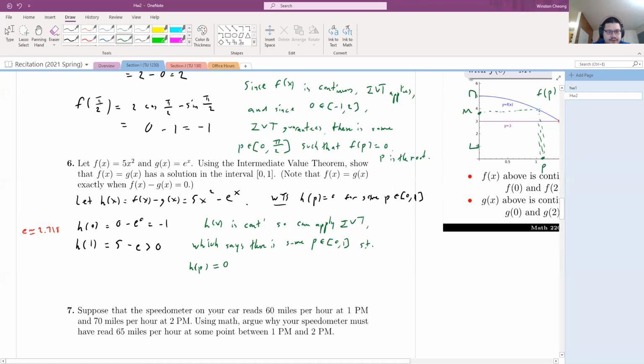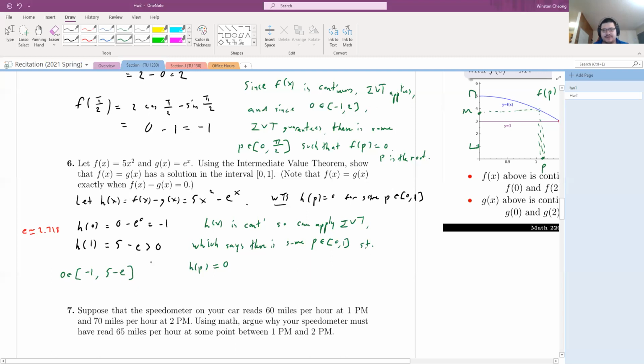And this 0 is coming about because 0 is in between the two outputs of this evaluation of h. This is some positive number. I didn't specify what the positive number is, but because we are bounded between... maybe if you really wanted to be extra careful, you might want to say that 0 is inside of the interval -1, comma 5 minus e.